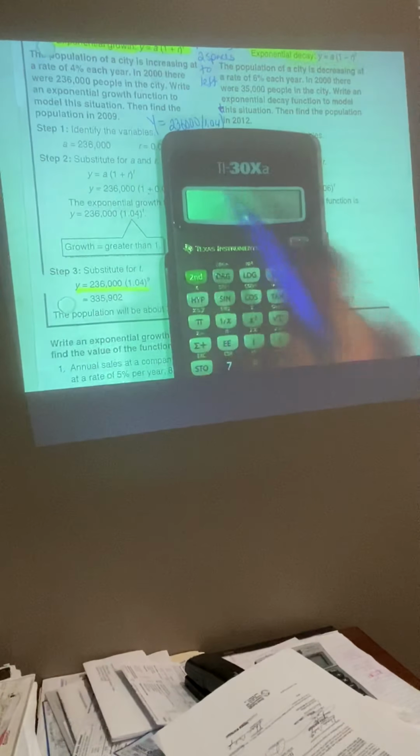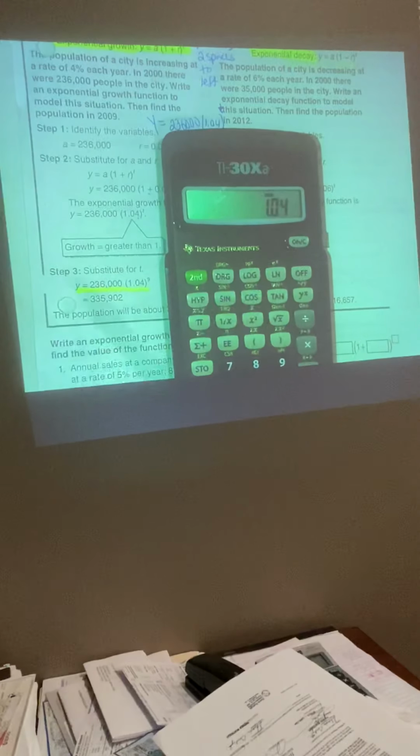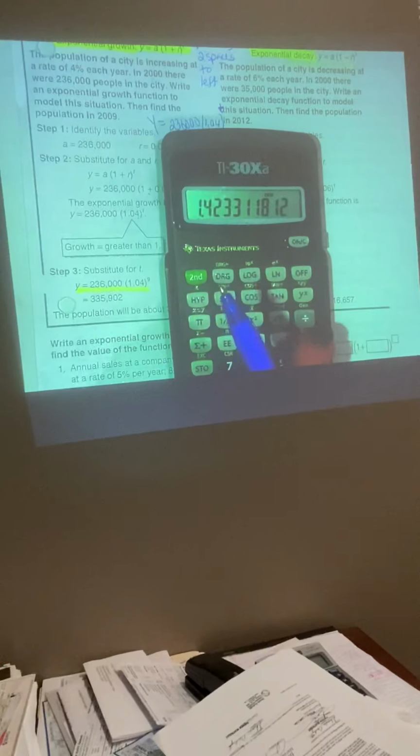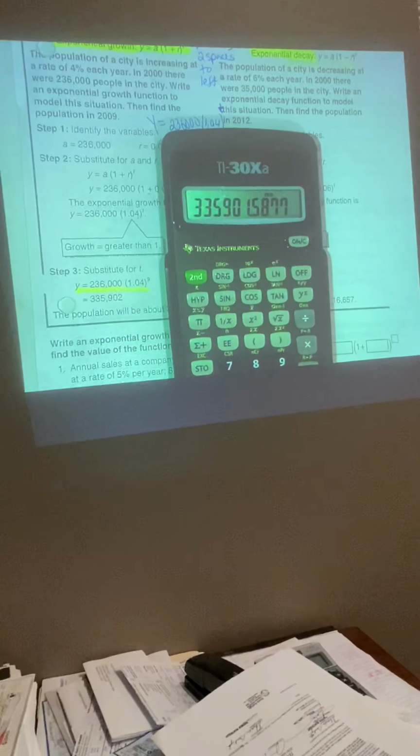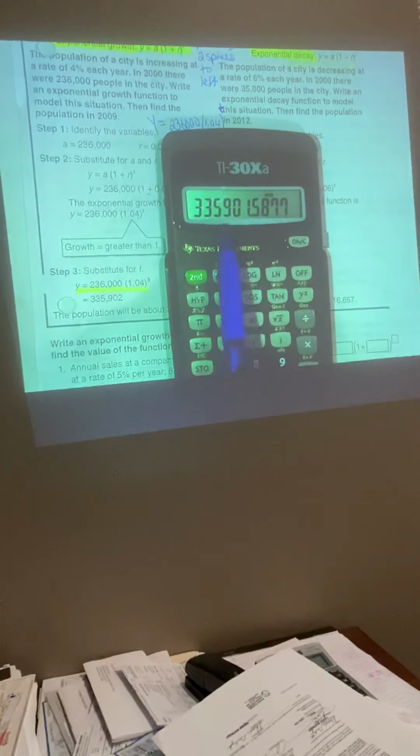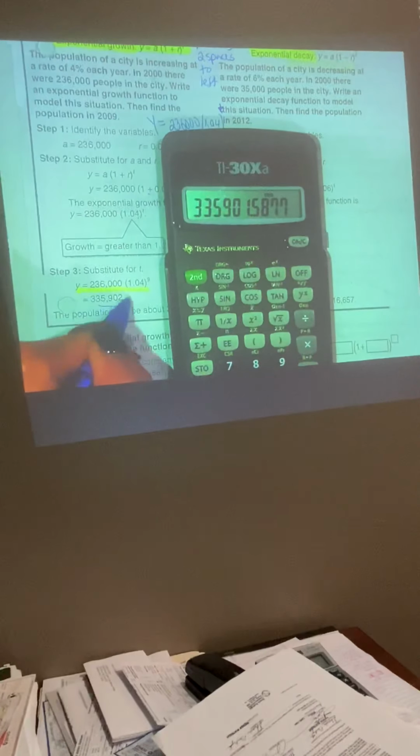We use our calculator: 1.04 y to the x 9 equals times 236,000 equals. When we're talking about population, we're talking people, so nearest whole number, use your rounding rules. That says 335,901.6, so you round up to 335,902.